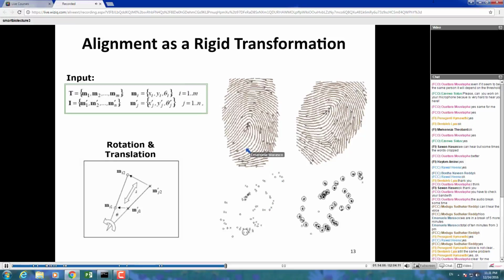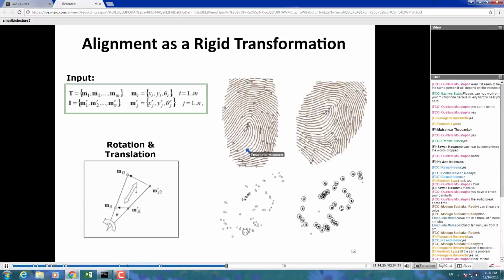It's a local variation, so we translate each point and change the position in the x and y coordinates. Here we have a figure on the right side of the template and the corresponding minutiae and the query, right?